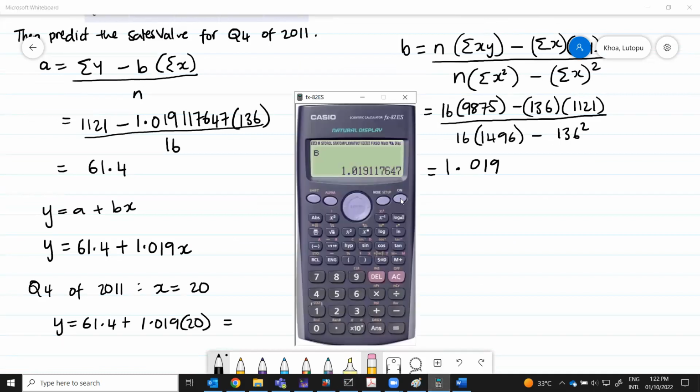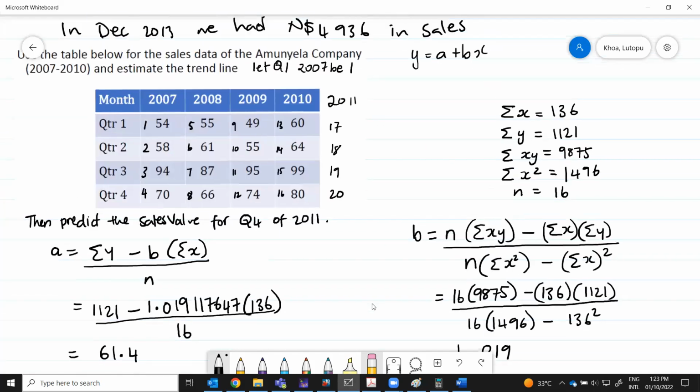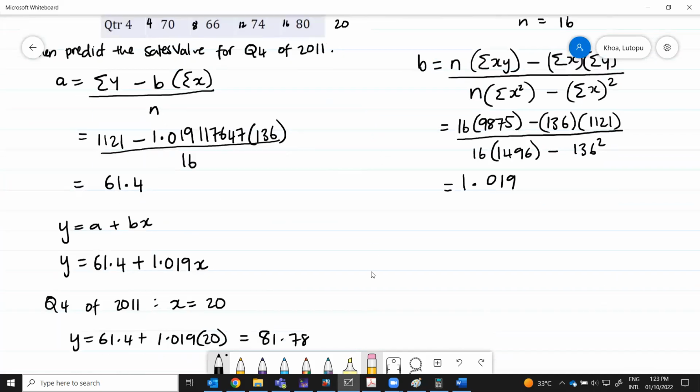So in your calculator, 61.4 plus 1.019 times 20, and this is 81.78. Okay, so let's just see. These were the sales values in thousands of dollars.